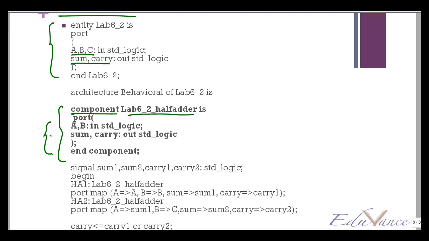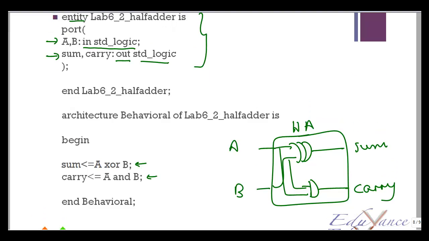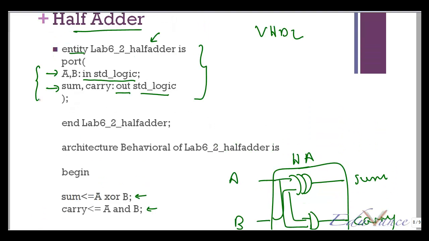If you observe, these ports are the same as the ones that we had discussed in the half adder example. They must be the same. Please let me be very clear. They must be the same. Otherwise, the design will not recognize this half adder. Please understand that. They must be the same.